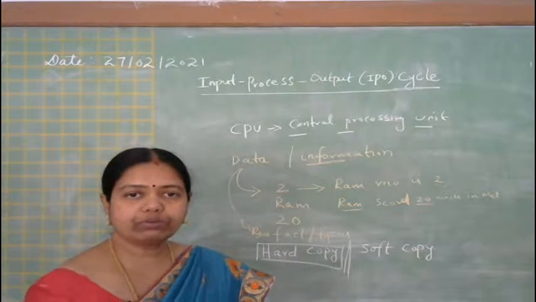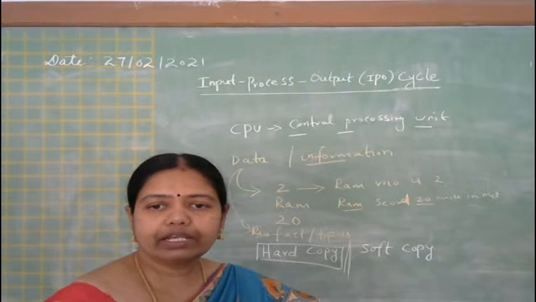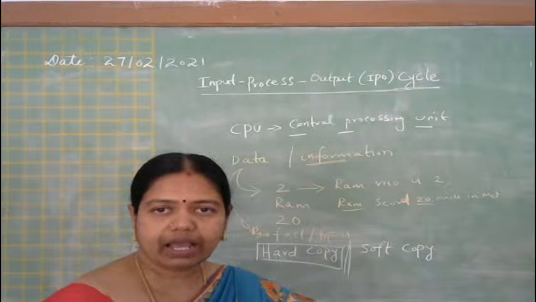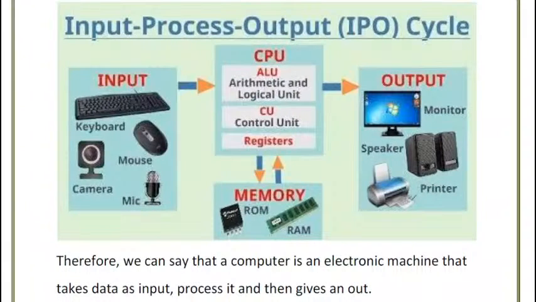So this is the input output cycle, IPO cycle, of the computer. Clear, children, about this IPO cycle? Yes. So this is how the computer receives the input and processes the data.